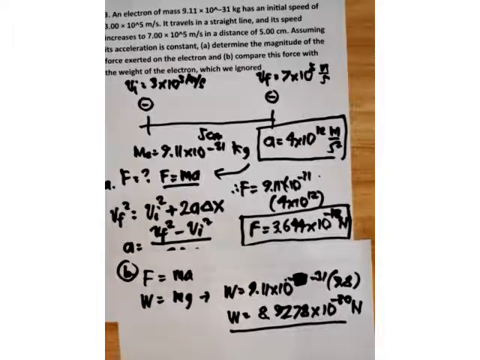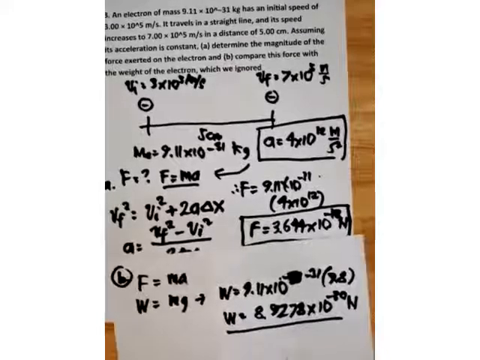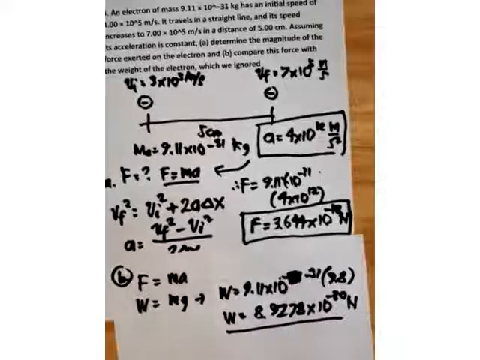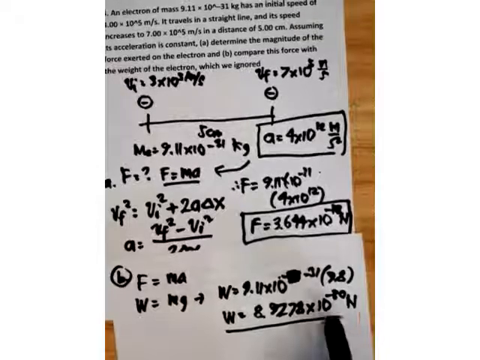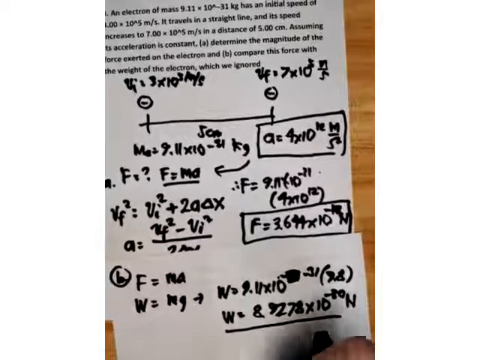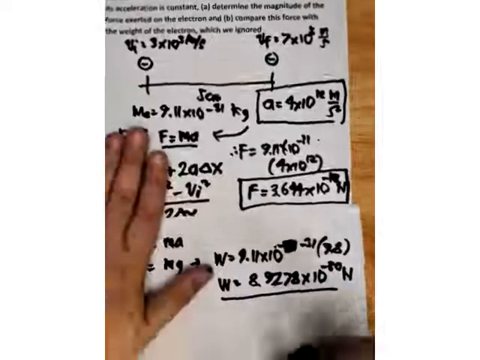So, it's close to negligible. If you compare them, masyadong maliit yung weight compared dun sa force exerted on the electron, which is only at negative 18. So, this one is negative 30, so masyado na siyang maliit. Okay?